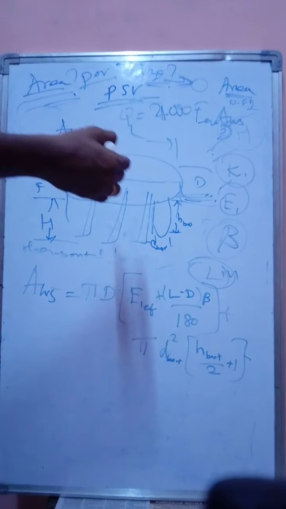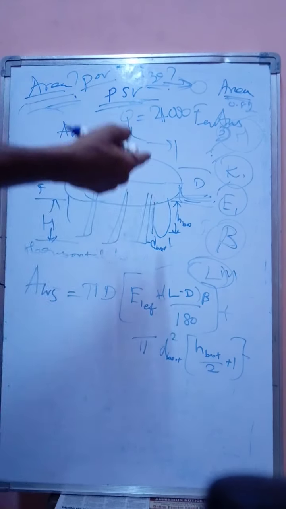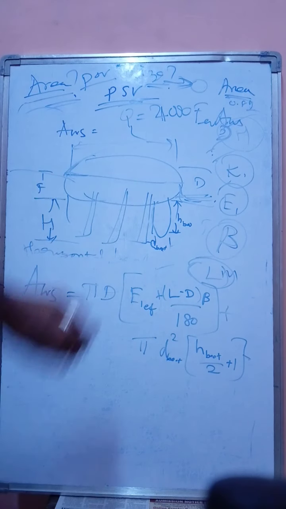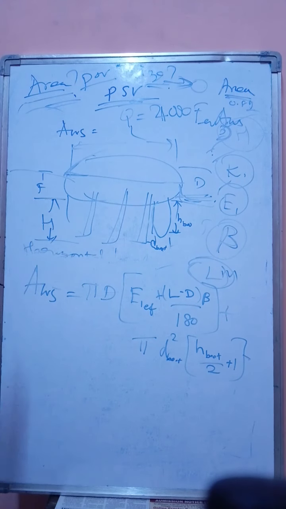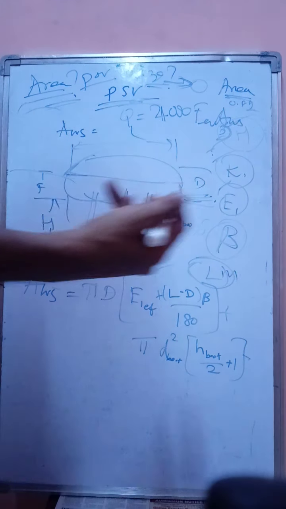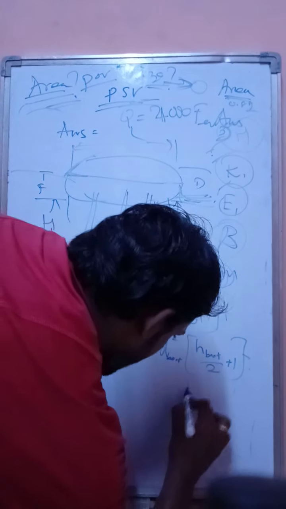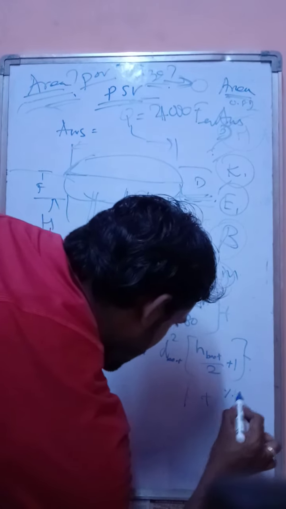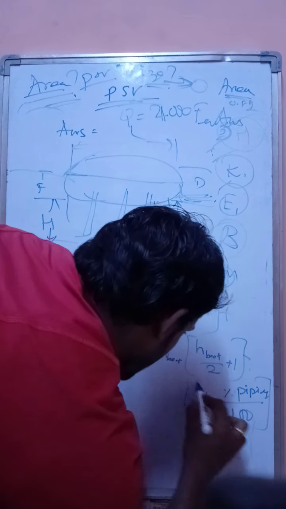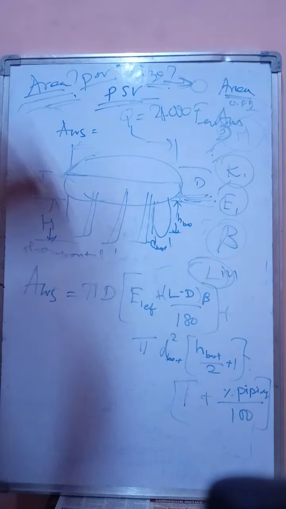That piping may also get damaged because of the fire. So that consideration also we have to take into the calculation. What will be the percentage of piping that will be given by the client? That may be 20%, 30%, 40%, could be anything. So that we have to include. So this will be multiplied with 1 plus percentage of piping divided by 100. So that also will be taken into account, right? This will multiply with the boot section.